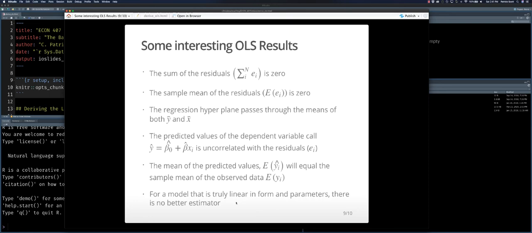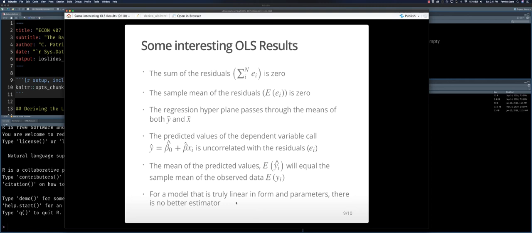The hyperplane of our regression is going to pass through the mean values of both our dependent variable y and our independent variable x. That's going to be interesting and important. In fact, if you broke out all of the algebra to solve for beta 0, you'd find it's going to be a function specifically of the average value of y and the average value of our x variable.